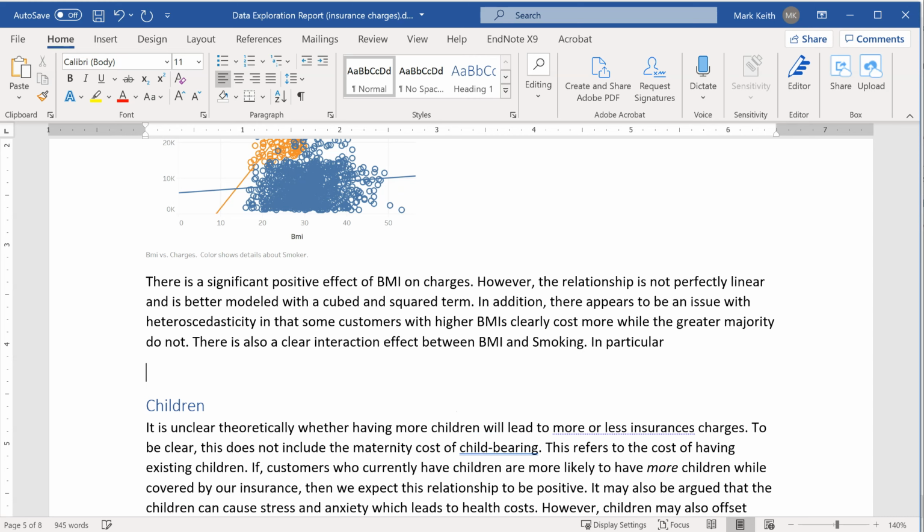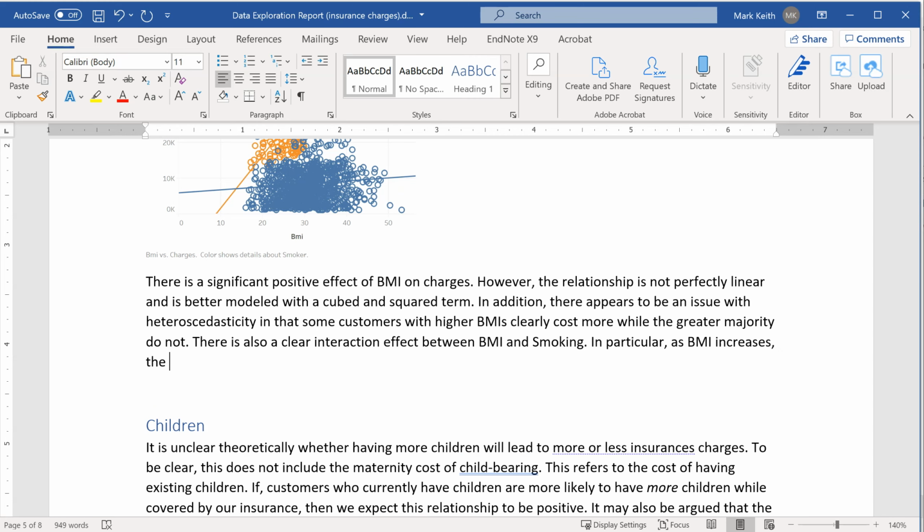In particular, as BMI increases, the insurance cost of smoking increases exponentially.